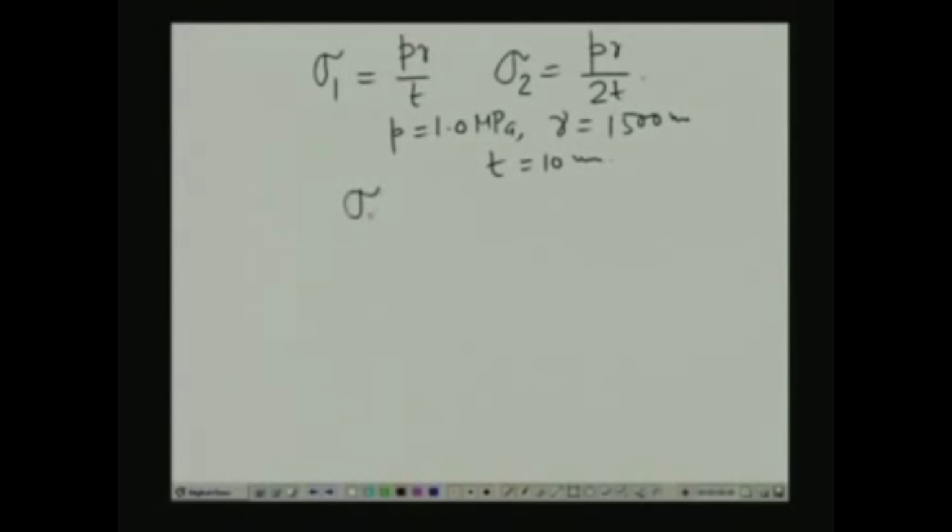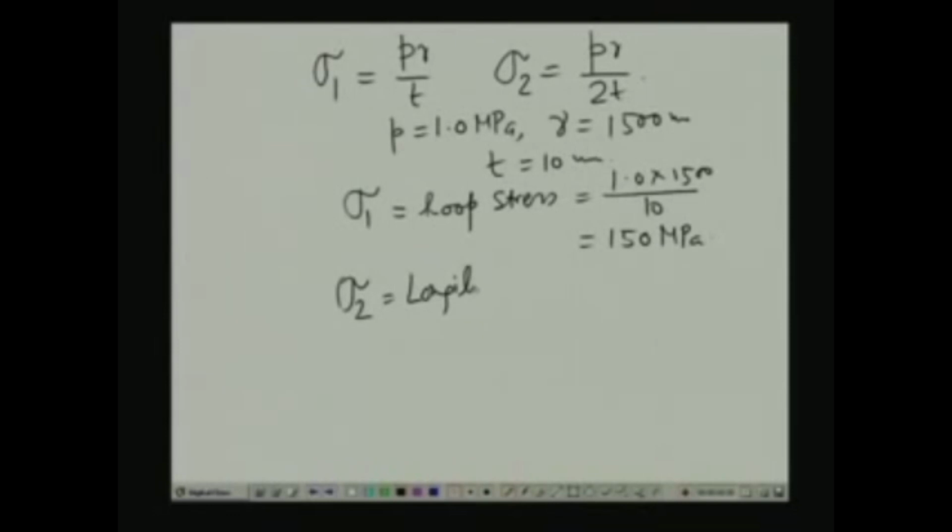Hence sigma 1, the circumferential stress or the hoop stress, is equal to 1 times 1500 divided by 10, which is equal to 150 MPa, and thereby sigma 2, the longitudinal stress, is equal to P r by 2t, which is nothing but sigma 1 by 2, equal to 750 MPa.